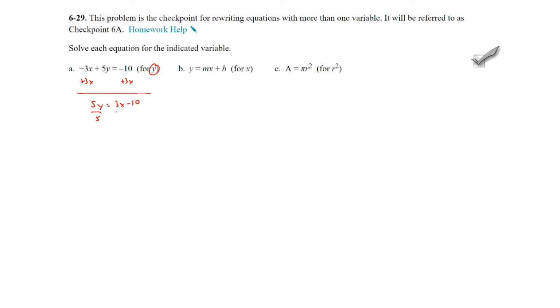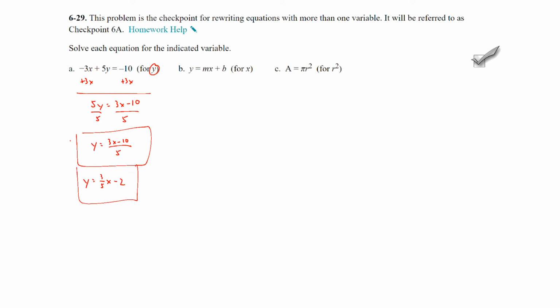And then we will divide everything by 5. So y is equal to, you could leave it as 3x minus 10 all divided by 5. Or if you wanted to rewrite it as 3/5 x minus 2, that would also be okay. So either one of these would be acceptable.